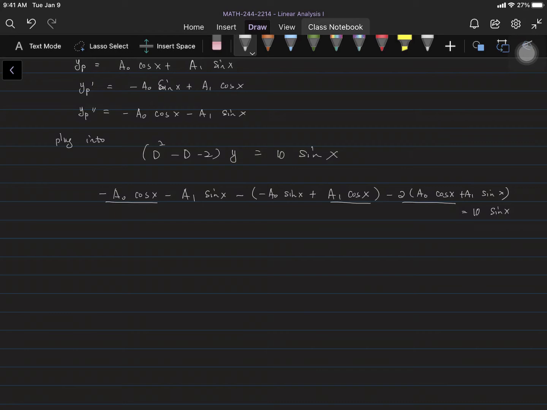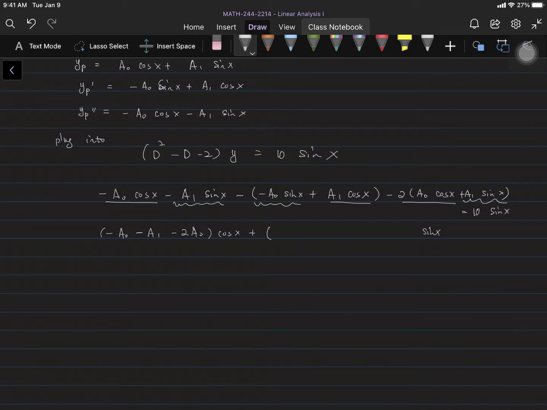Combining those, it should be negative A0 minus A1 minus 2A0, times cosine x, right? Next we combine the sine x terms, which is here sine, sine, sine.